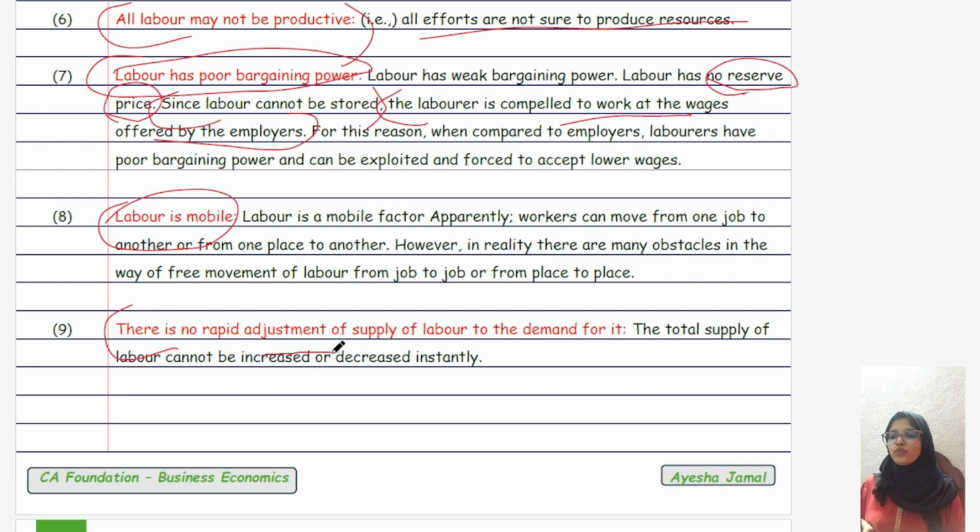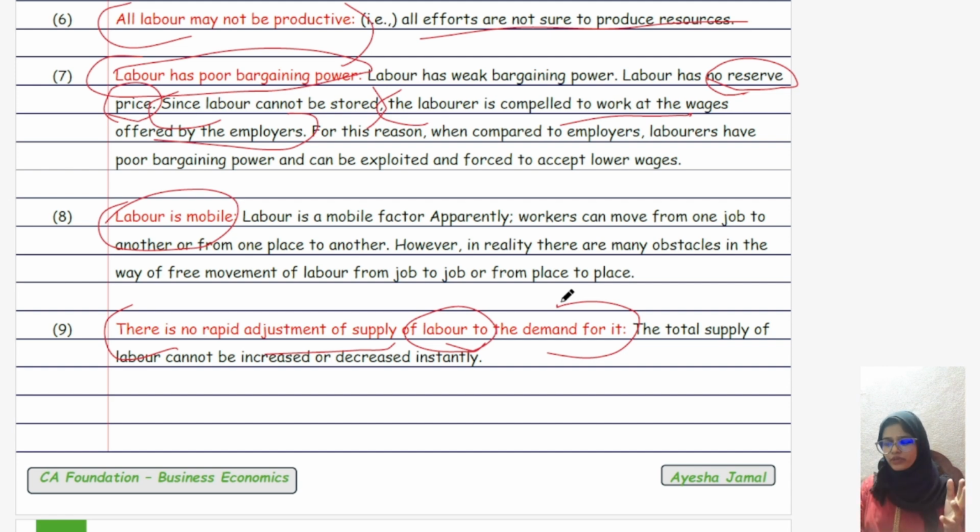There is no rapid adjustment of supply of labor to the demand for it. You cannot decrease or increase the supply of labor very easily. Labor is a group of people you need for production purposes. If it's decreasing, that means you're removing people, and it's not that easy to remove people.